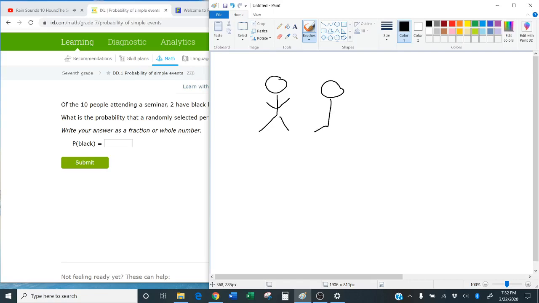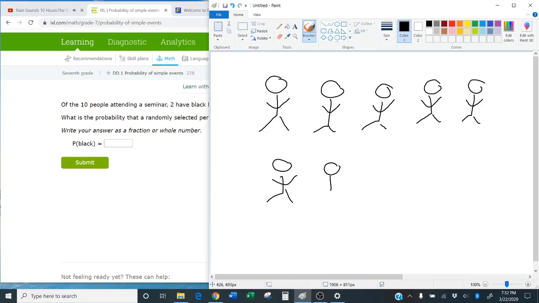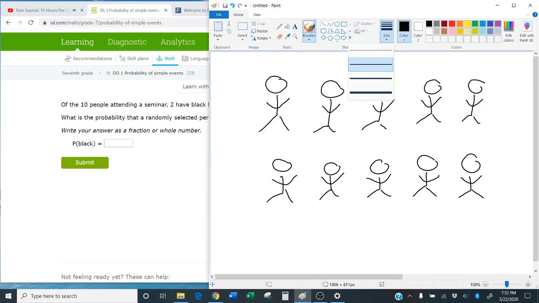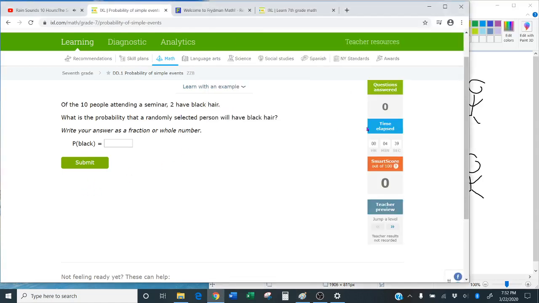There's 1, 2, okay, those are my 10 people. And what did the question say? It said 2 of them have black hair.